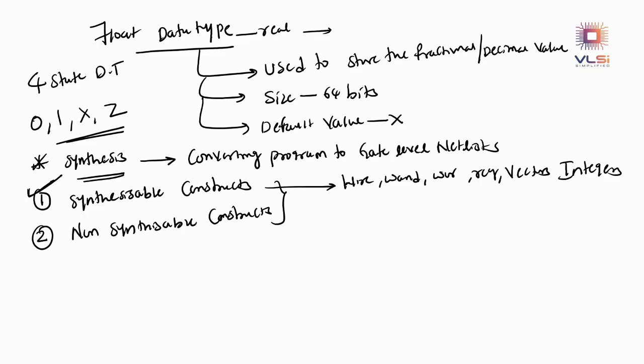By using these data types, we can convert the program we are writing into a gate level netlist. But the float data type is a non-synthesizable construct. That is about synthesizable and non-synthesizable constructs.